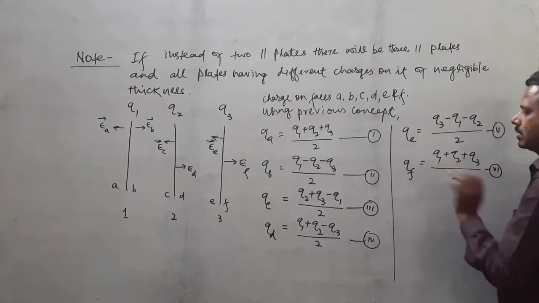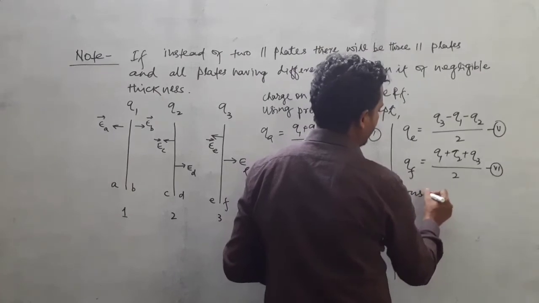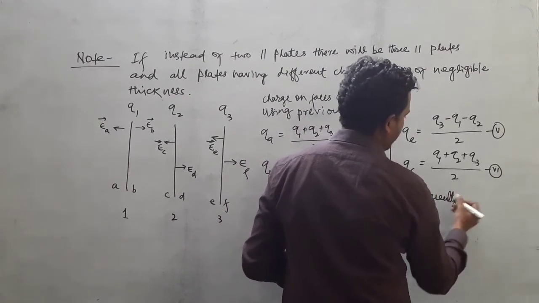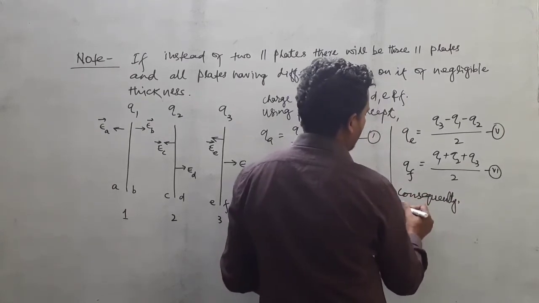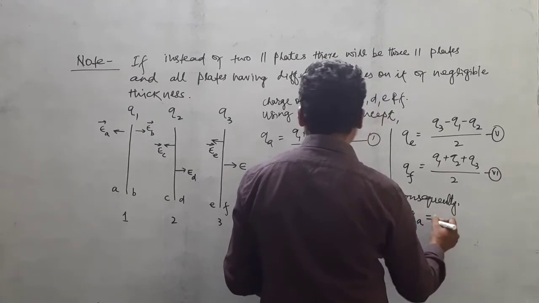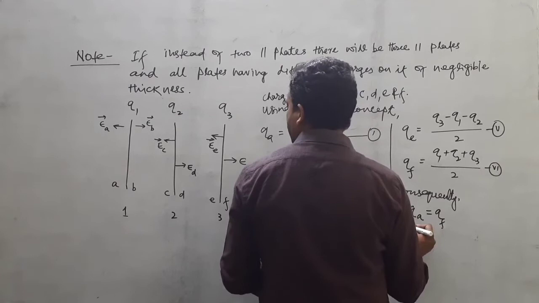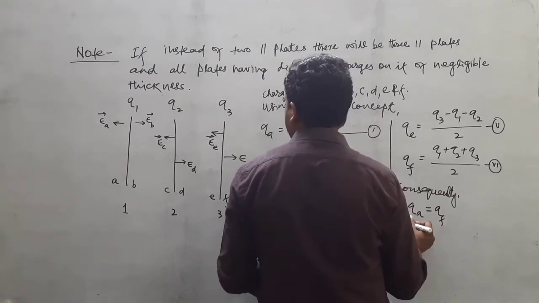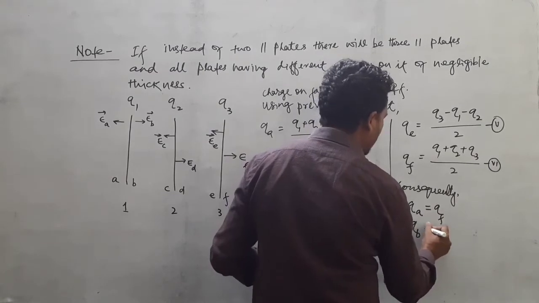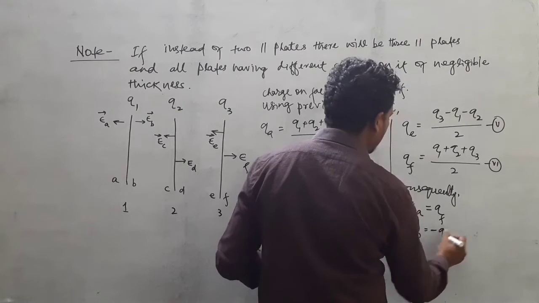So consequently, QA is equal to QF, and QB is equal to negative of QC.